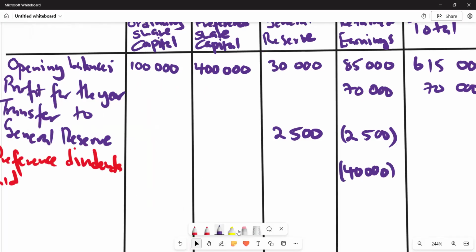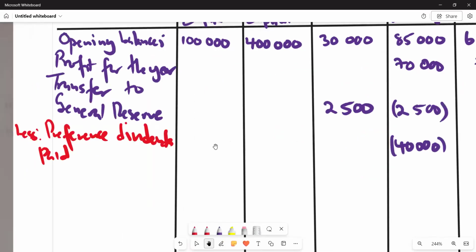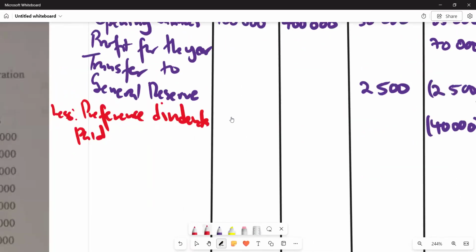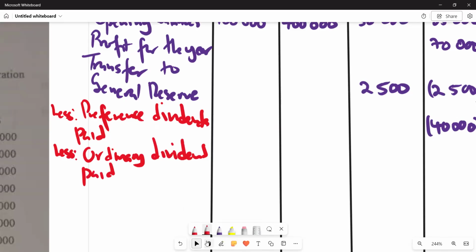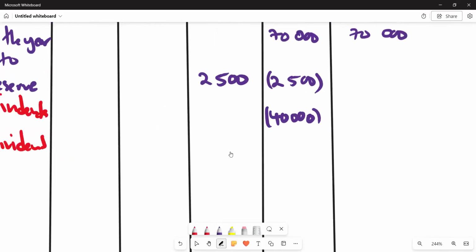And also beneath that now, we have our ordinary dividends. So I will also say less ordinary dividends paid. And the amount that we have there, remember we calculated it and we got 10,000.